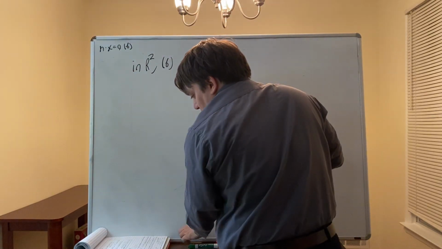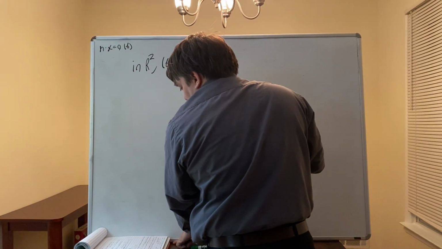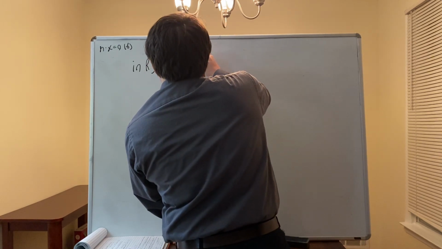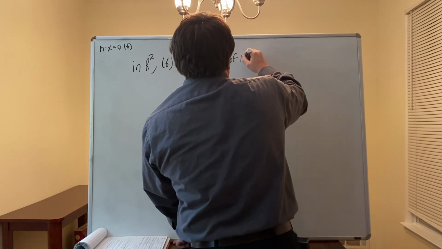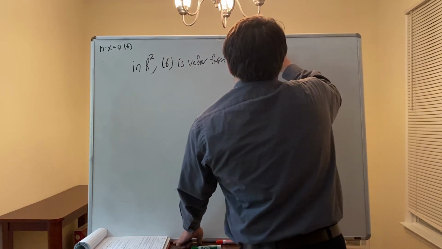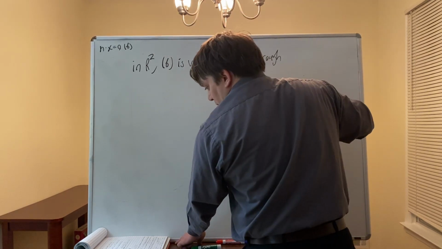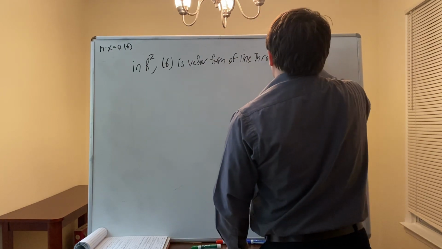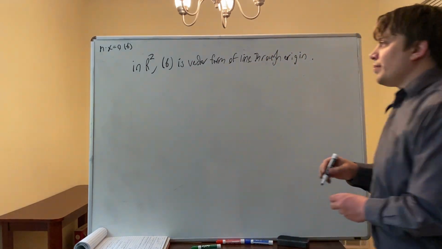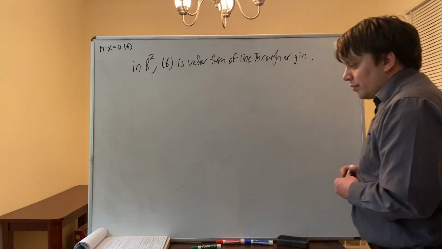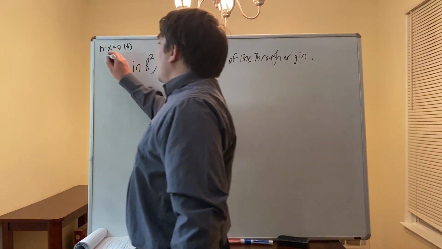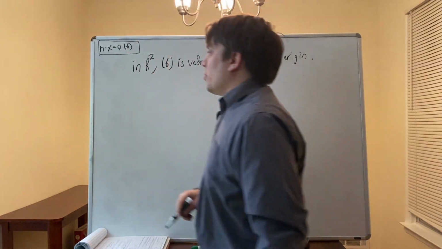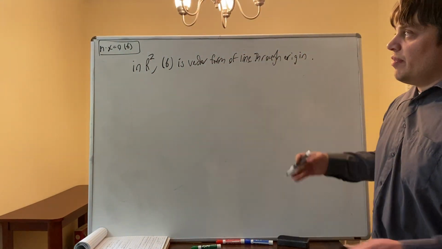In R2, equation 6 is the vector form of a line through the plane. Through the origin. Okay. Now, this is the form of a line or plane if it goes to the origin.